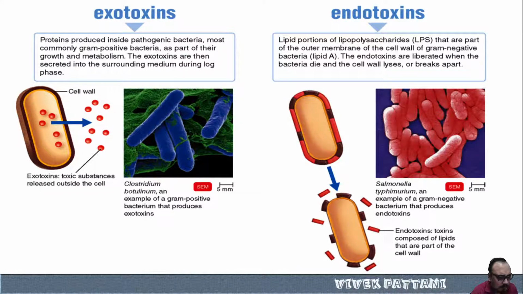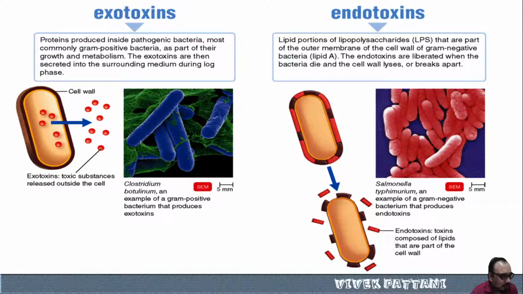Of around 220 or so known bacterial toxins, nearly 40% cause disease by damaging eukaryotic cell membranes.